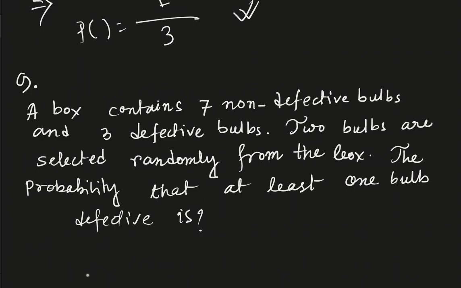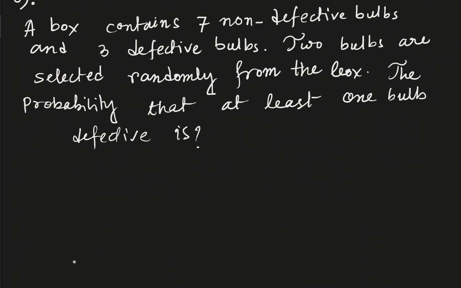So let's calculate that. Now what information has been given in this problem: 7 bulbs are non-defective and 3 bulbs are defective. So there are a total of 10 bulbs. How many ways can you take 2 bulbs from 10 bulbs?